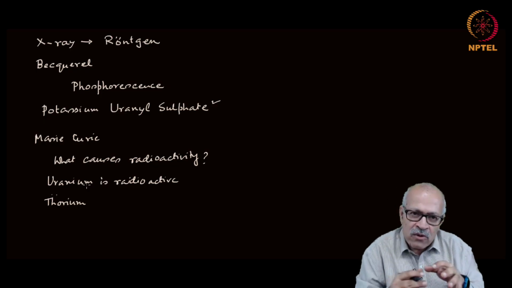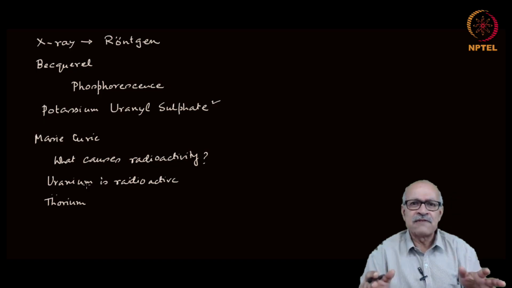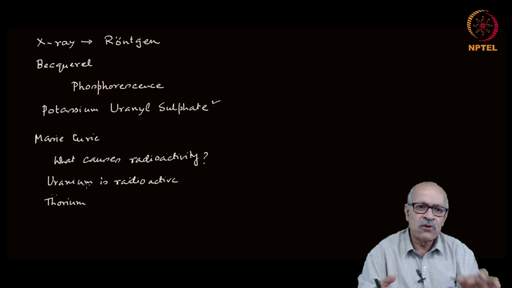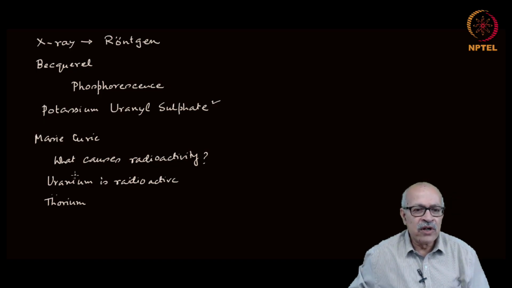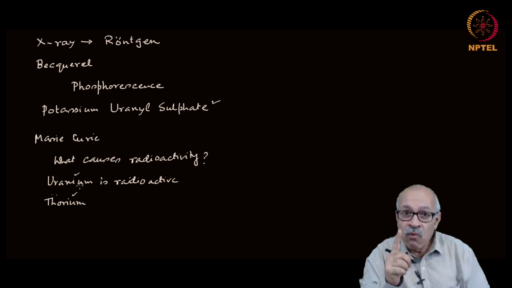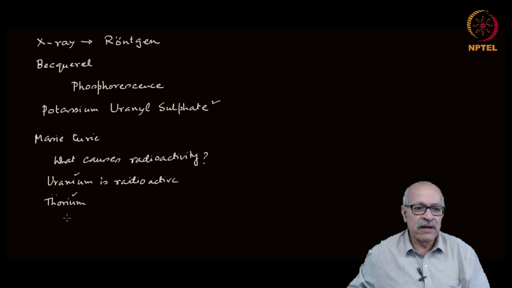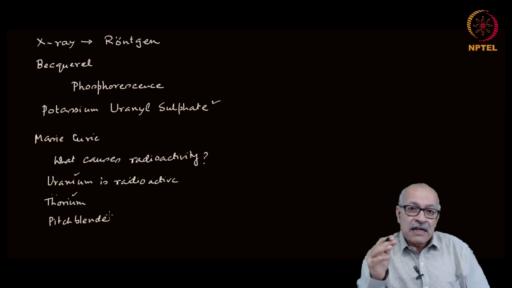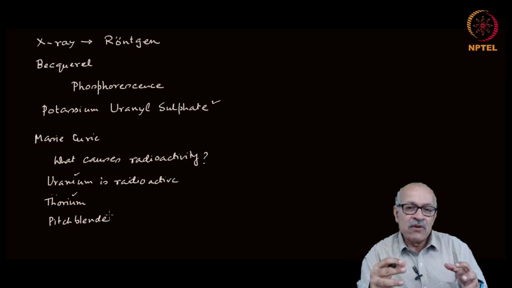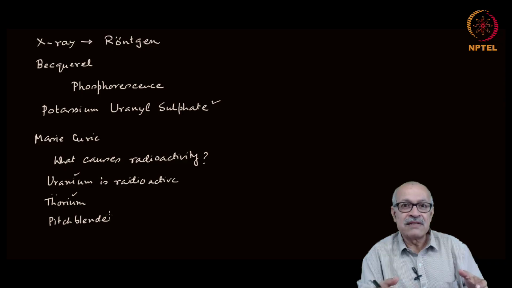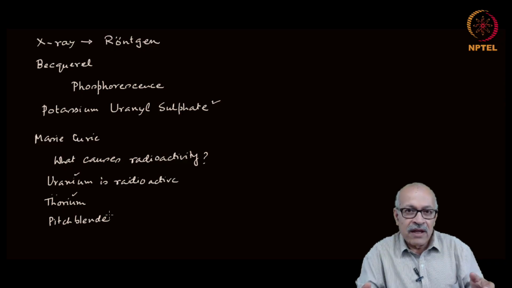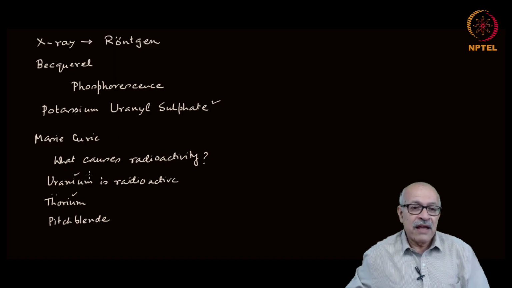She found that in most minerals occurring in nature, this is satisfied. That means, the amount of radioactivity is a sum total of the radioactivity due to uranium and thorium. But in one mineral called pitchblende, she found that the amount of radioactivity emitted is by far exceeding the amount of radiation that can be accounted for by its uranium and thorium content.